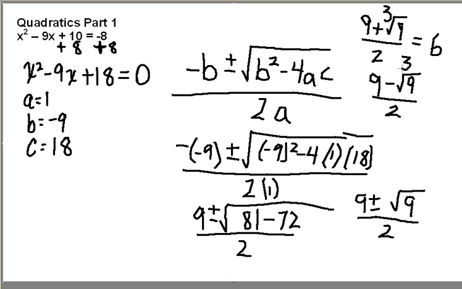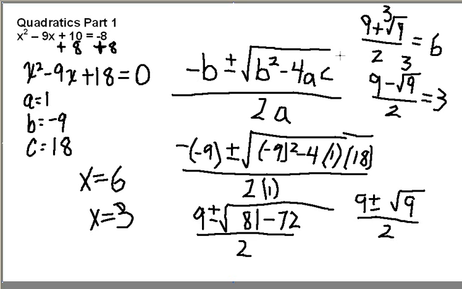Again, the square root of 9 is 3. In this case I get 9 minus 3, which is 6, divided by 2, which gives me 3. So the solutions to this quadratic, using the quadratic formula, are x equals 6, okay, and x equals 3.